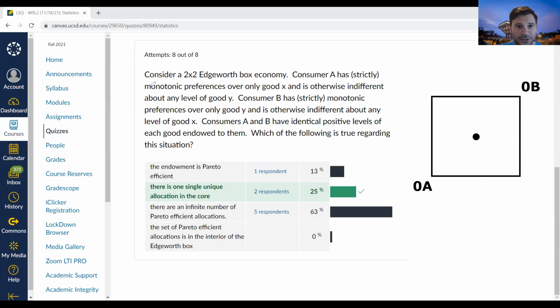only cares about good X and doesn't care at all about good Y, what must consumer A's indifference curves look like? Right? No matter how much Y he's got, that would always leave him equally well off. If he only cares about X, then the indifference curves have to look how?